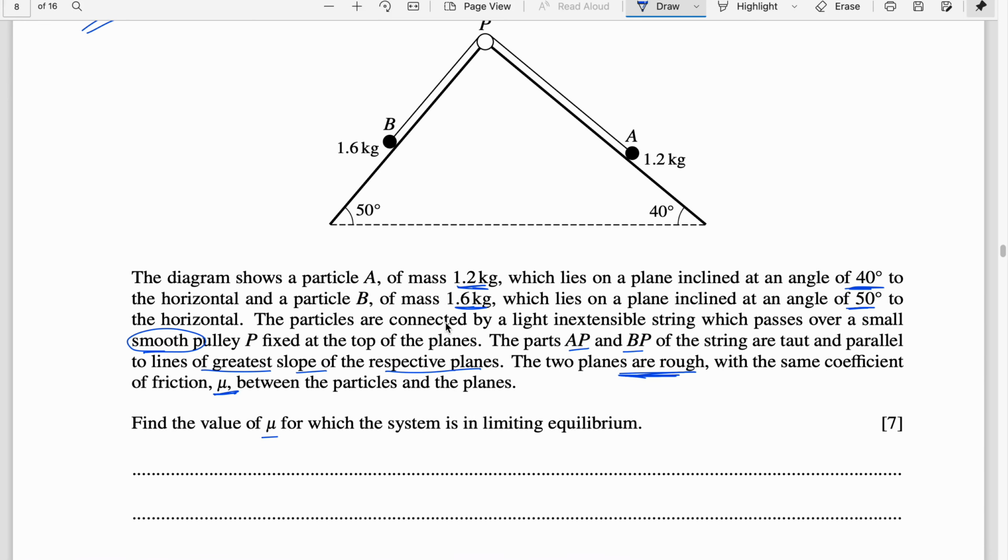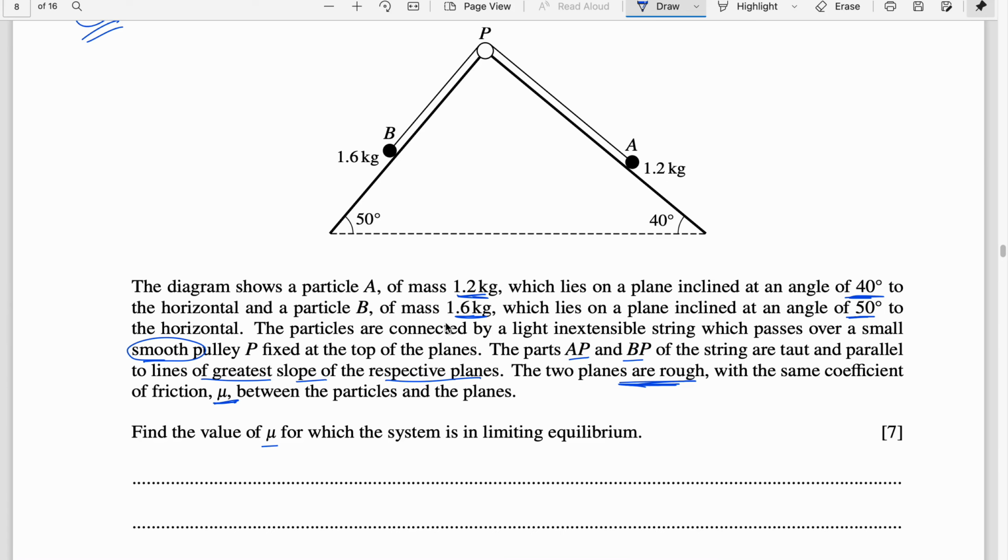Okay, so now let us resolve them first and then we'll write the equations. Consider this weight going down, which is 12. This is going to be the normal contact force, and this is the component of weight which moves down. This angle is 40. This is 12 cos of 40.